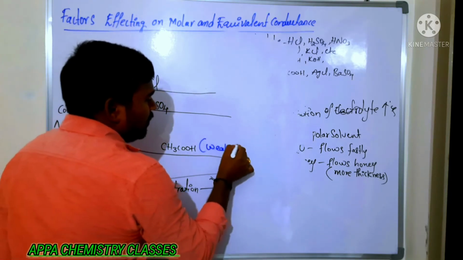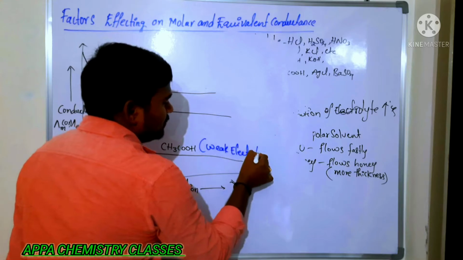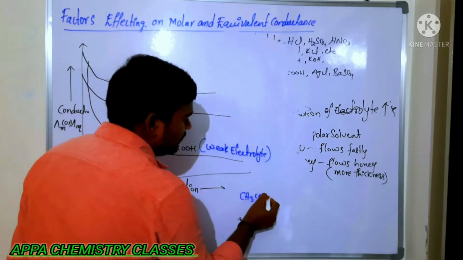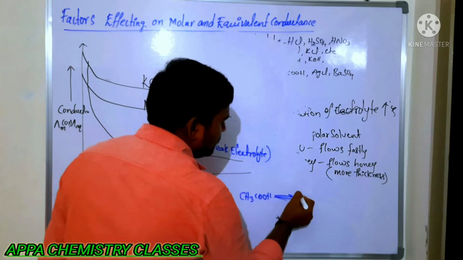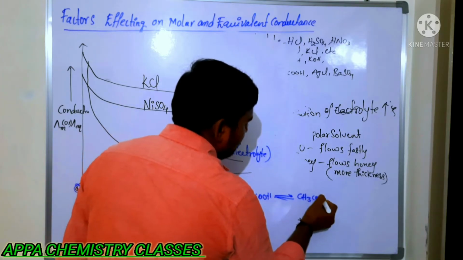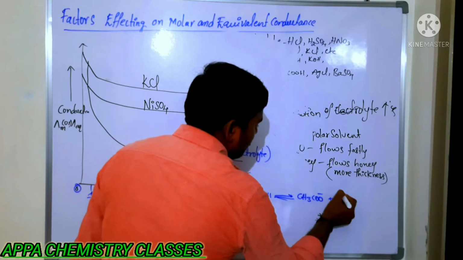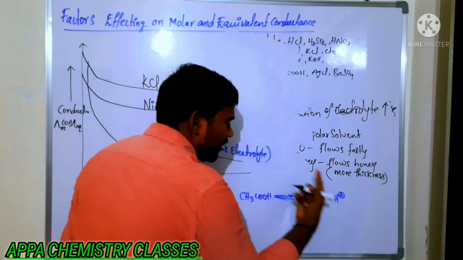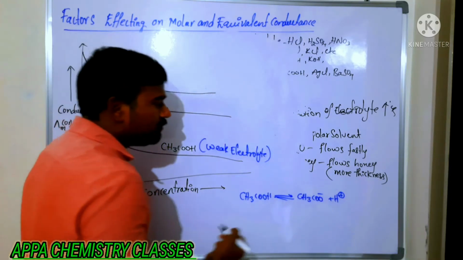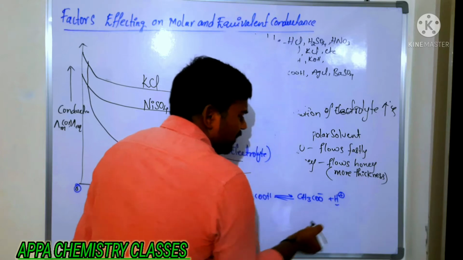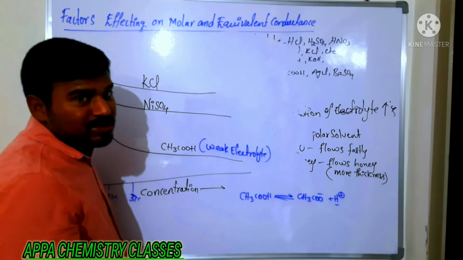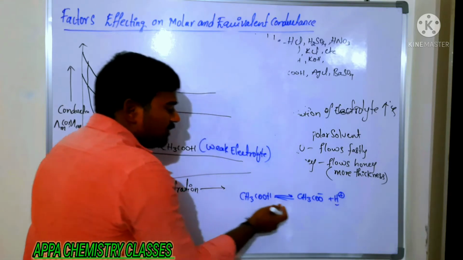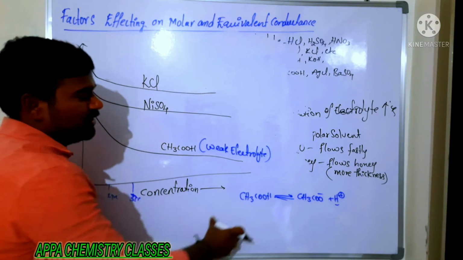Whenever the concentration of the weak electrolyte is increased, we get acetate ion plus H plus ions. The H plus ions given by this weak electrolyte are very few in number. Those few H plus ions again combine with acetate ions and form undissociated acetic acid.